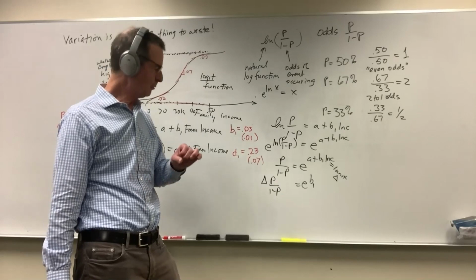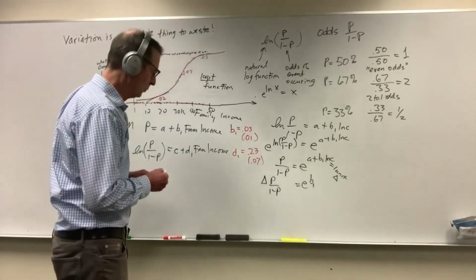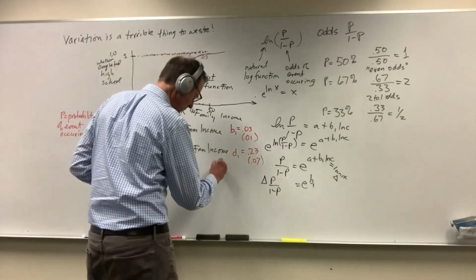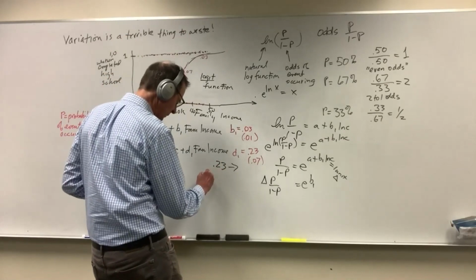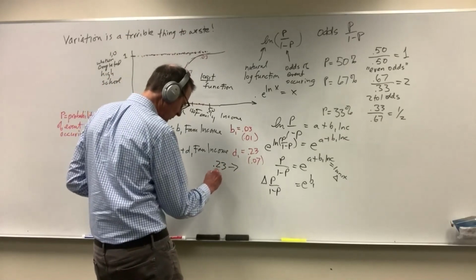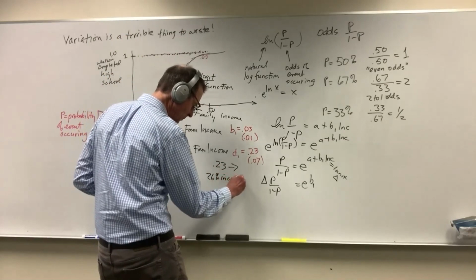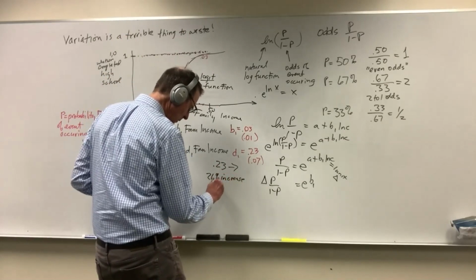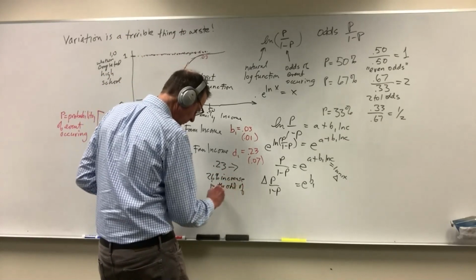So that's why in the article that 0.23 transformed into a 26% increase in the odds of high school graduation.